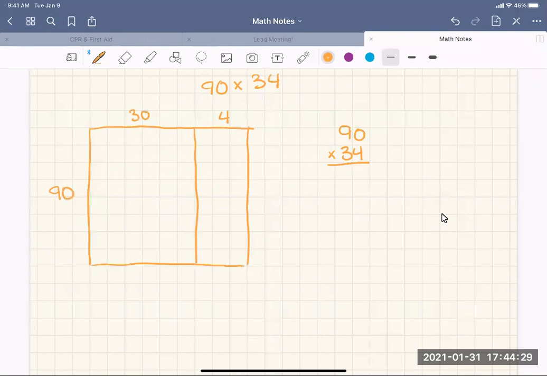So I'm going to start with the smaller number because remember when we're looking at our standard algorithm, we did 90 times 4 first. So that's where we're going to start with our ones place.